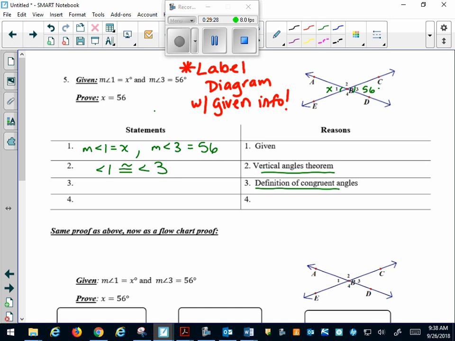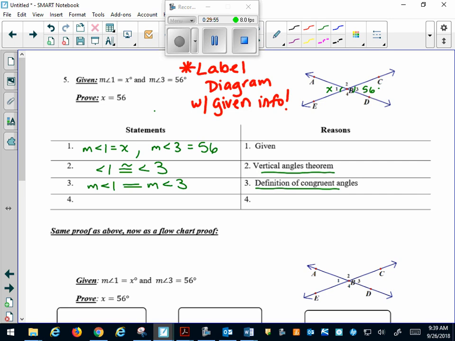Equal. Then we're going to say the measure of angle 1 equals the measure of angle 3. Right? So definition of congruent as a reason is always going to turn a congruent statement into measures being equal, or vice versa. It could go the other direction.